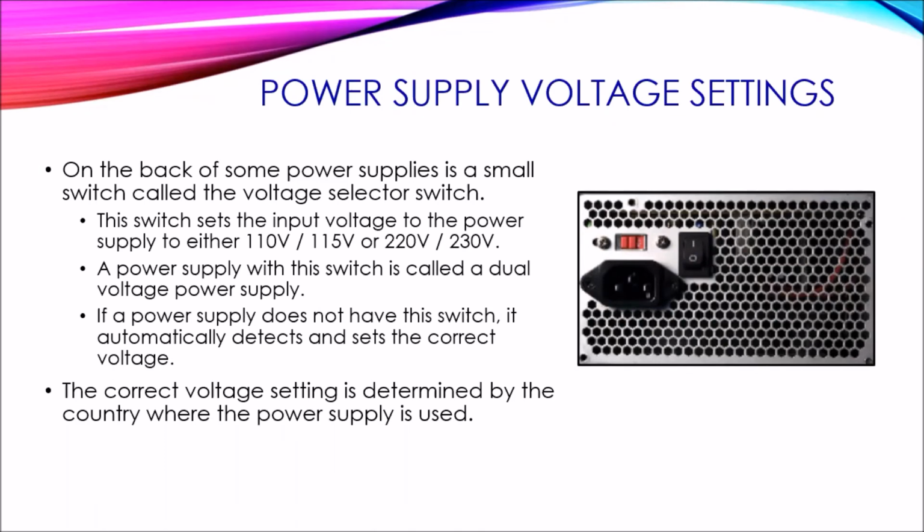Some countries are using 110 and some countries are using 220. A power supply with this switch is called a dual voltage power supply. But if a power supply does not have this switch, it automatically detects and sets the correct voltage. The current voltage setting is determined by the country where the power supply is being used.